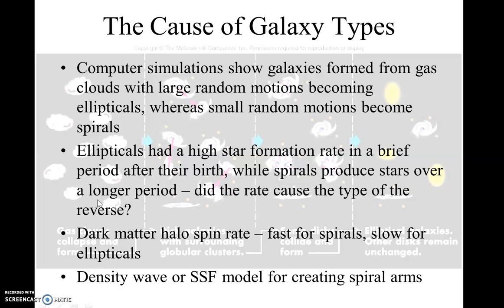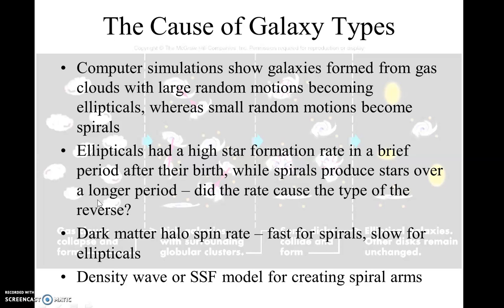New stars that form will have higher and higher metal contents, and then eventually you'll get to the point where you have 1 to 2% of the mass and the average mass of a star in a galaxy having metal content. Remember, in astronomy, anything heavier than helium is considered a metal.